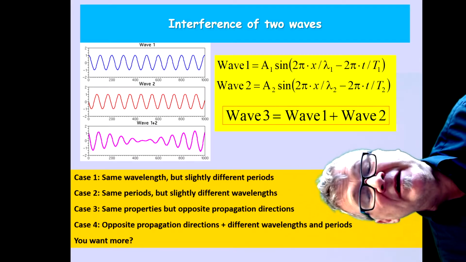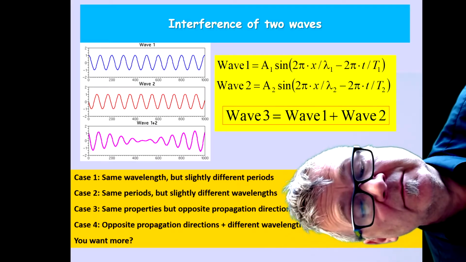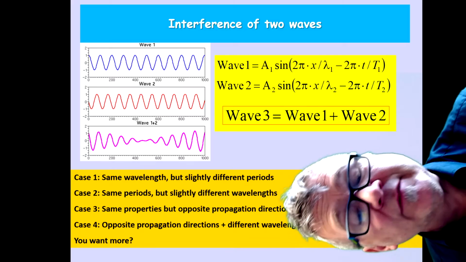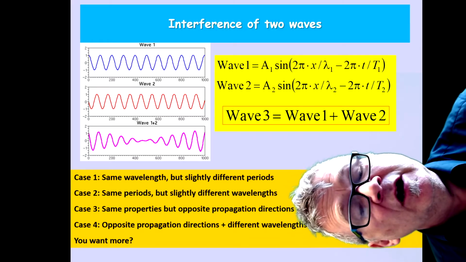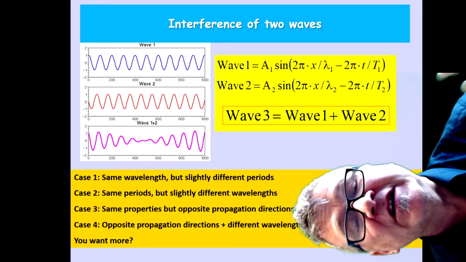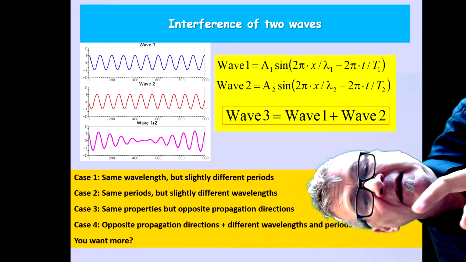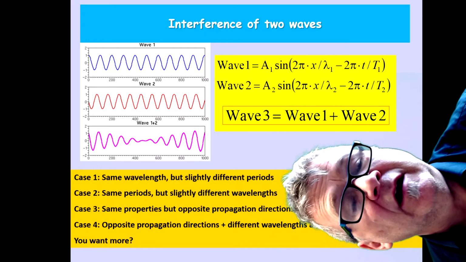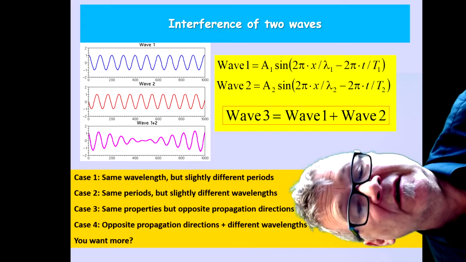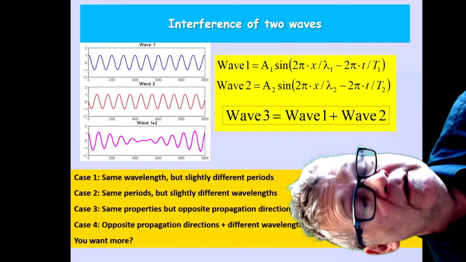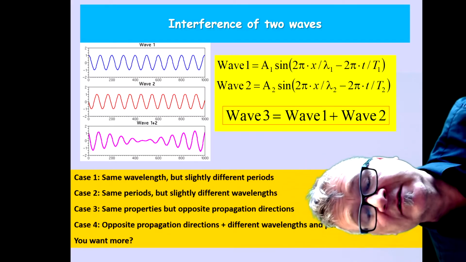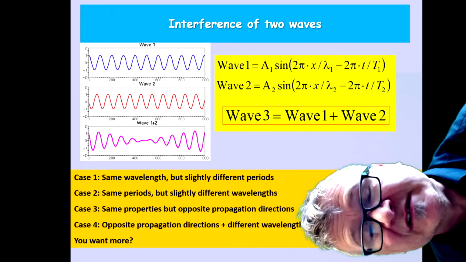In the second case, same periods but slightly different wavelengths. In case 3, both waves have the same properties but opposite propagation direction. You can achieve that by just changing the sign in front of the period term in the sine function, from positive to negative or negative to positive. And then I'll show you some more.